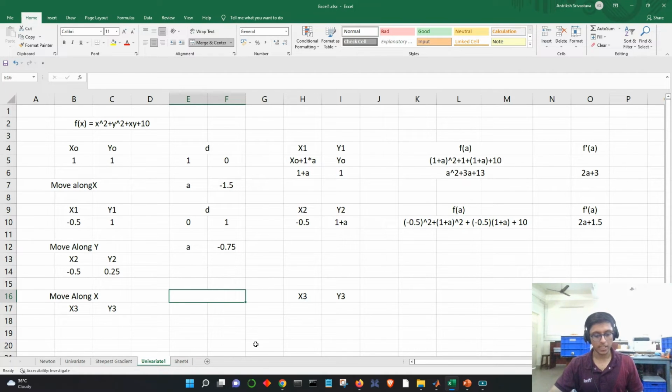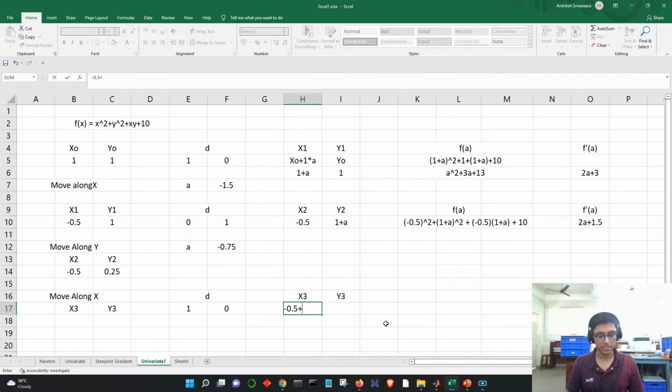So d again, when we are moving along x, will be a unit vector, that is 1 in the x direction, so (1, 0), and x3 will be minus 0.5 plus a for the alpha, so minus 0.5 plus a, and 0.25.